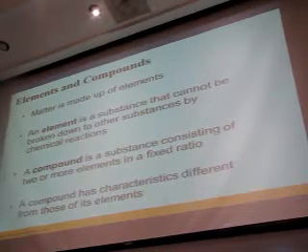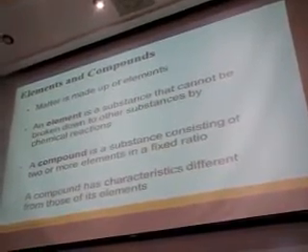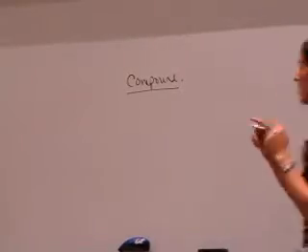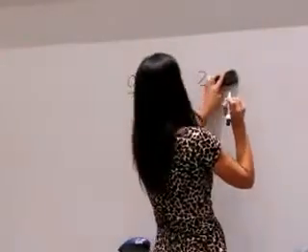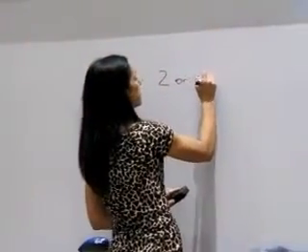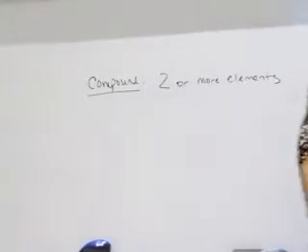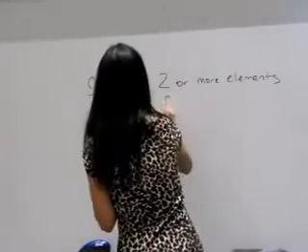You might write down the word compound in your margin, and what would you write down as a list of things to look for to recognize a compound? Two or more elements. Fixed ratio.